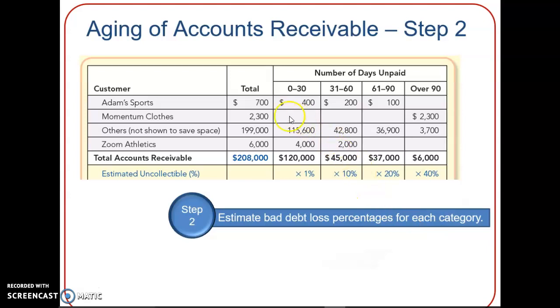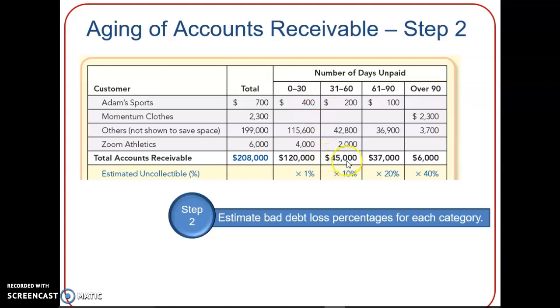The first step: we analyze or categorize all the accounts receivable from the 4 different customers by how long they have been unpaid or outstanding. So we realize we have a total accounts receivable of $120,000 in the first category, which is less than 1 month or 0 to 30 days.